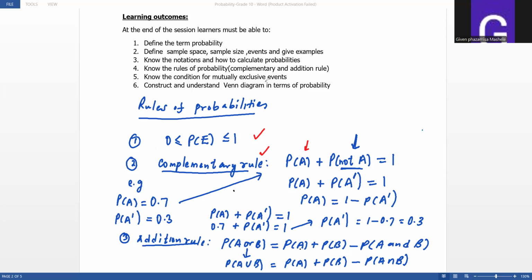For example, what is the probability that tomorrow you'll go to school? Or what is the probability of raining tomorrow? Let's say the probability of raining tomorrow is 0.42. Then what would be the probability of not raining tomorrow?